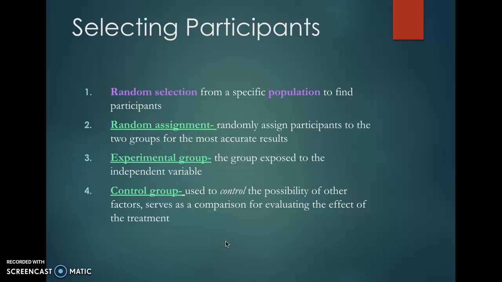So, selecting participants. Random selection is from a specific population to find participants. Here's what that means. The population, in regards to conducting an experiment, is who you are choosing from. If I were to give a survey to all of the students at Spelman, the population would be the student body of Spelman, all 550 or whatever amount of kids here.